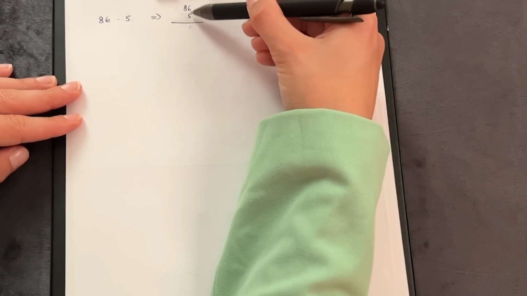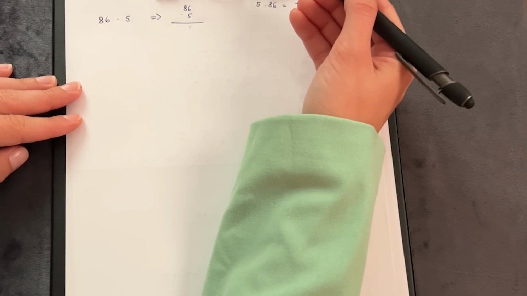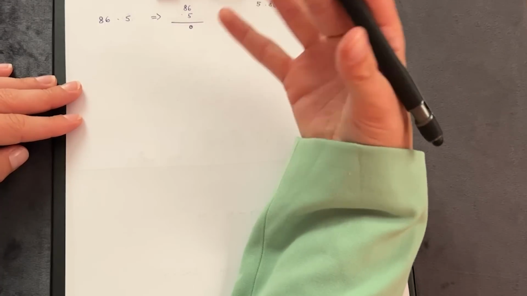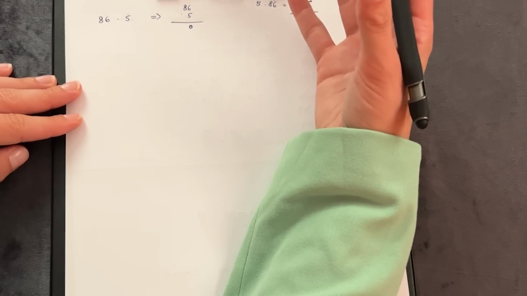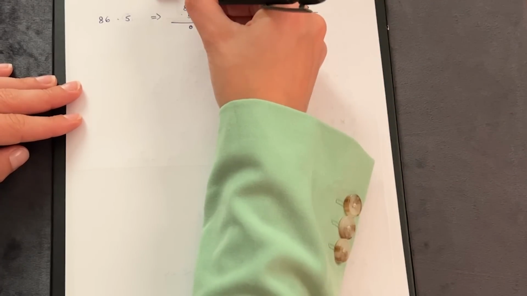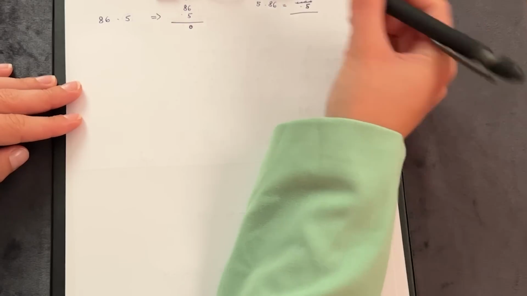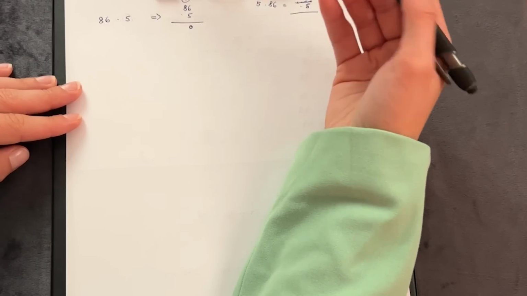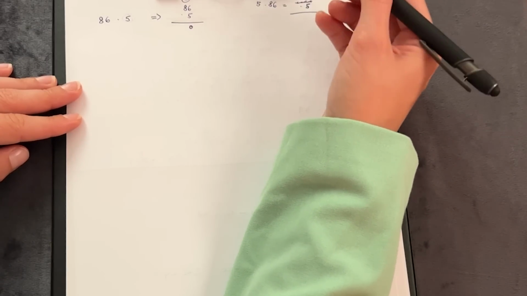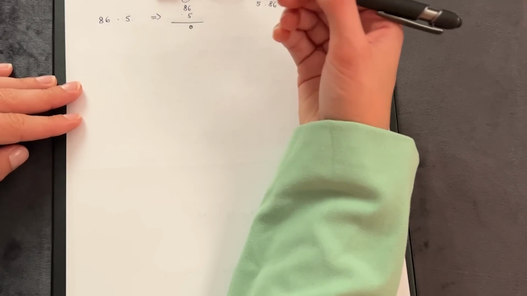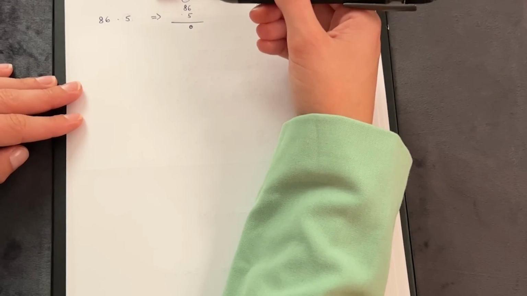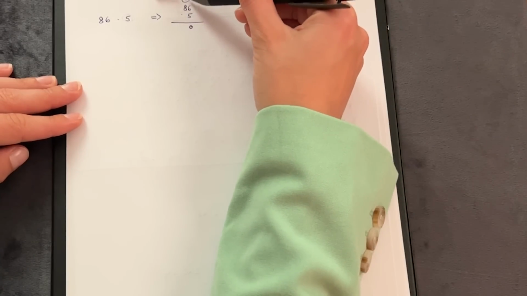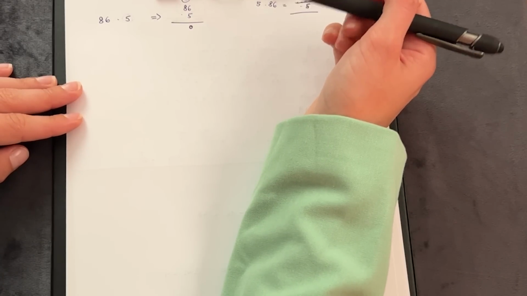So we have 5 times 6, which is 30. So we'll write 0 because this is the last digit, and we will carry the number 3 from the 30. Maybe in our mind, or you can write it on top, just to make sure that you do not forget it. I usually carry it just in my head, but if the mathematics is too difficult for you, it can be easier to just write it down.